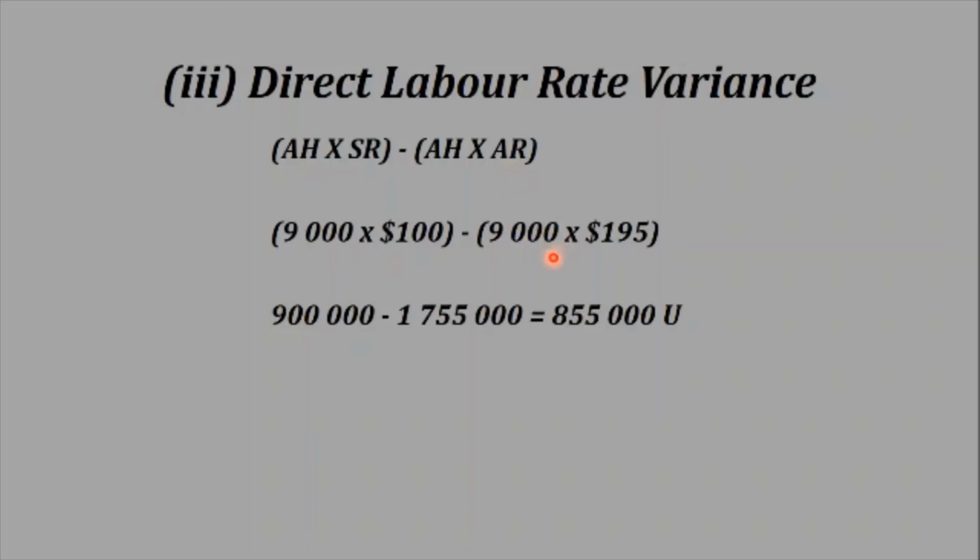And work it out again, we will get 855,000 for our variance, but this time it's unfavorable or adverse. We could have an A here for adverse as well, and the reason for that is because this time the standard is smaller than the actual.